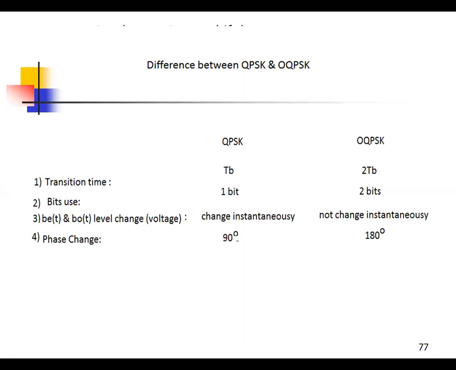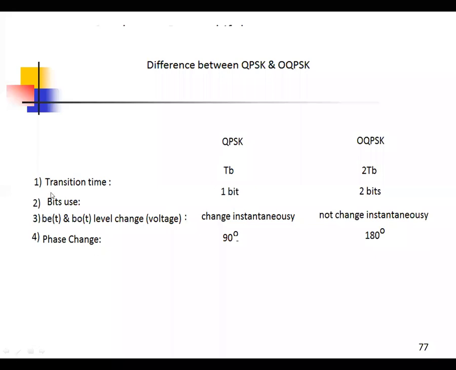So QPSK is offset QPSK, OQPSK is non-offset QPSK. Now the QPSK and OQPSK, please observe the differences. Okay, non-offset QPSK and QPSK. So please observe the differences here.